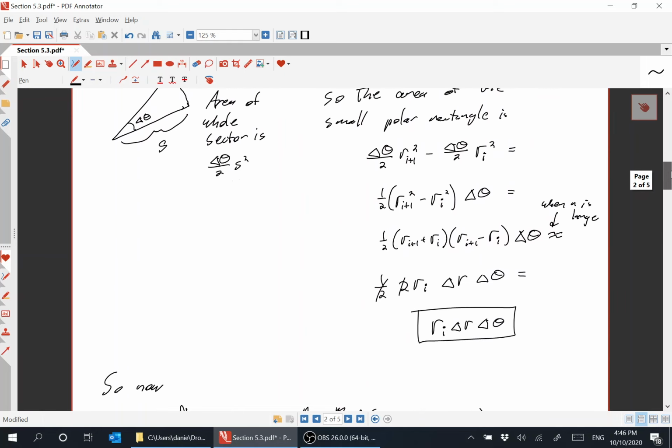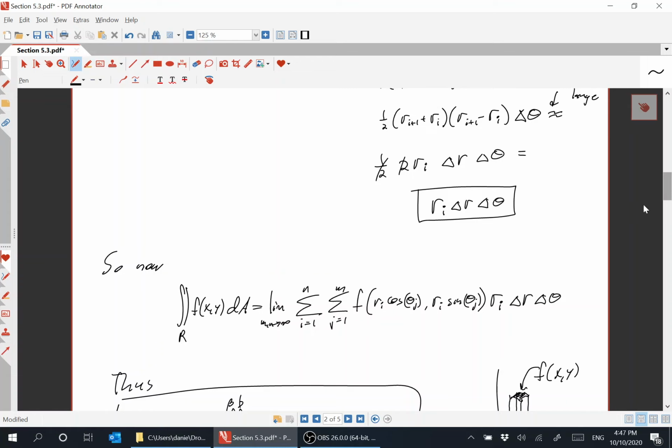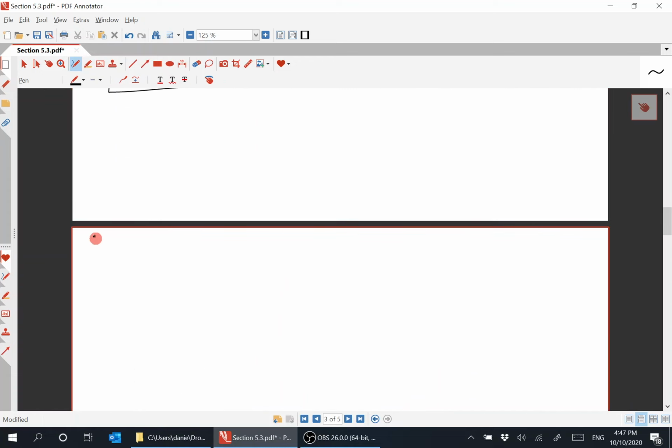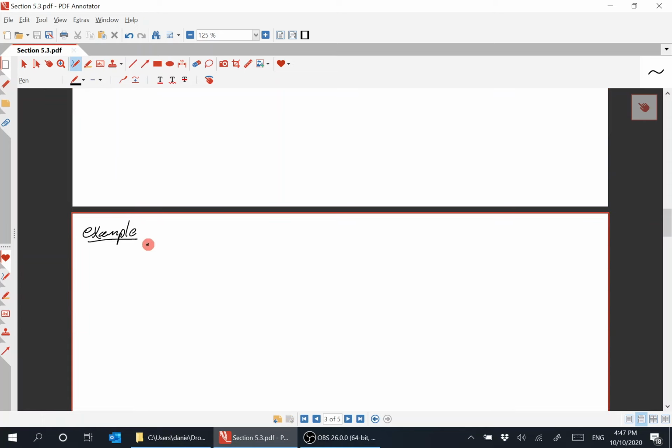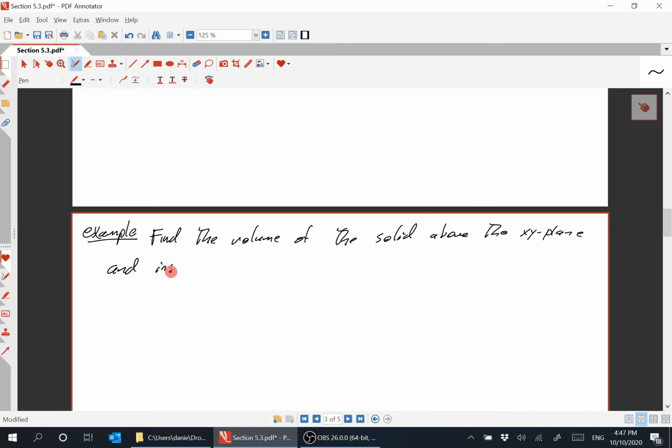Okay, so let's take an example. Let's find the volume of the solid above the xy plane and inside the paraboloid z equal to 1 minus x squared minus y squared.